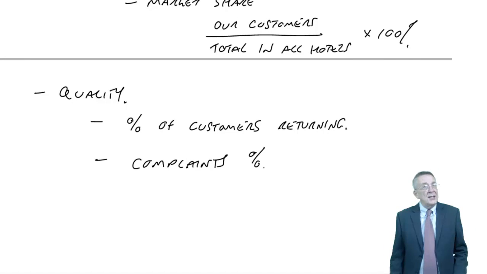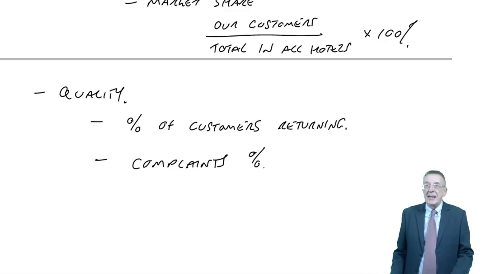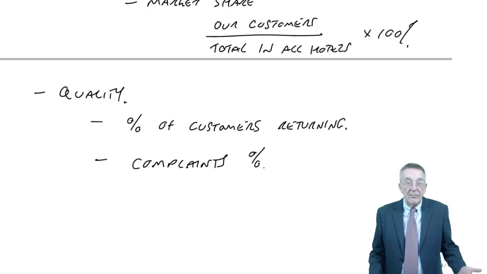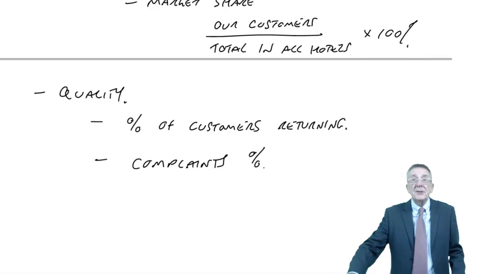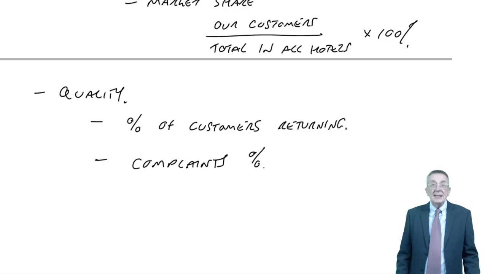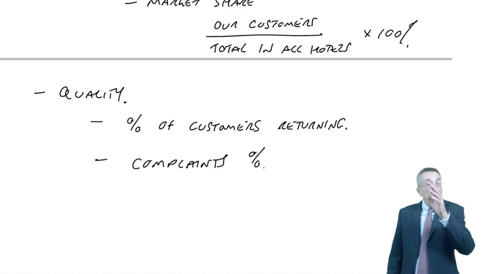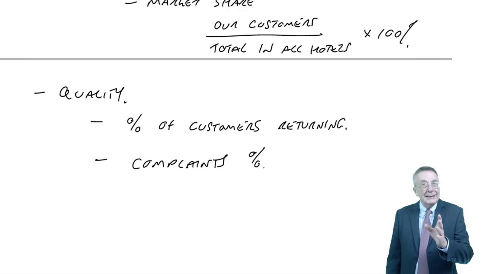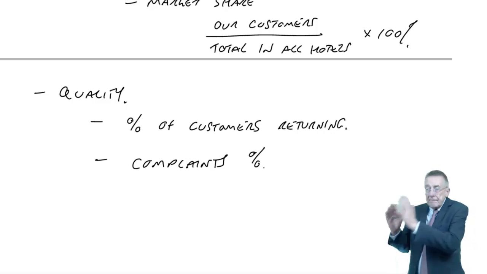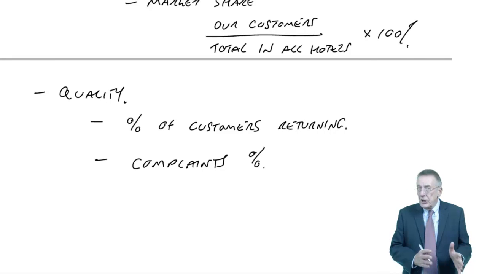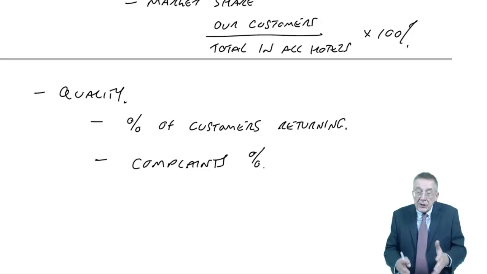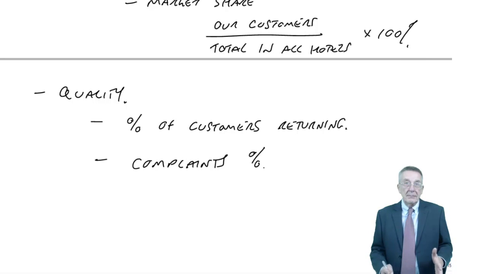Just the number of complaints on its own wouldn't do. If you've twice as many customers, maybe you will get twice as many complaints, but perhaps do it as a percentage. But again, it's something we could put a number on and then say definitely it's better this year or it's worse this year. So only suggestions, don't learn them.